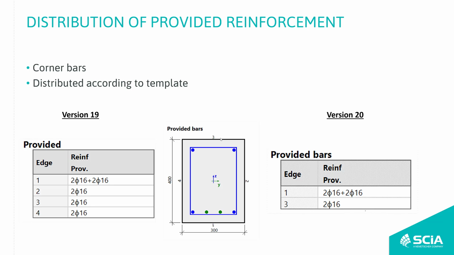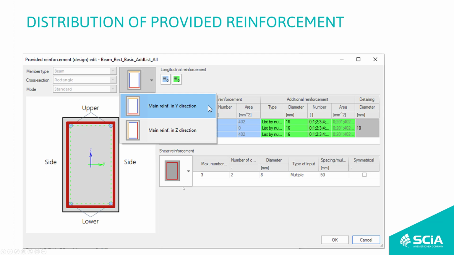You may wonder why I have this table in such a form, that I have 1 and 3, why not 2 and 4? That's a very simple answer, because it's related to the template of provided reinforcement.